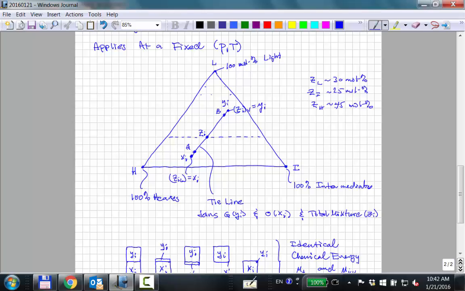I'm just going to draw a picture now. We're doing cartoons, okay? Because what we can do is draw the line where Zi is equal to Xi. I'm going to draw this line where Zi is equal to Xi. One point is right there, right? So this line will typically look something like this.